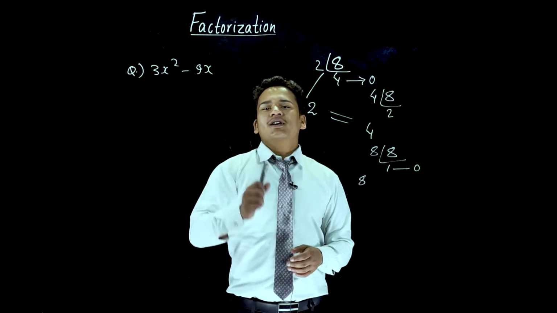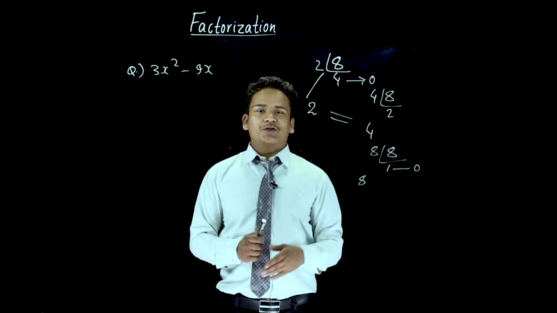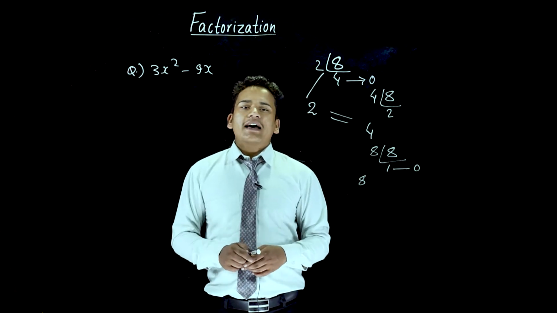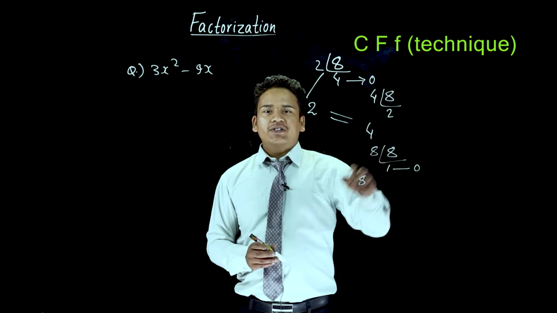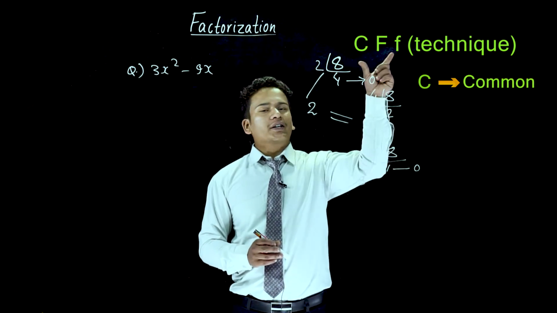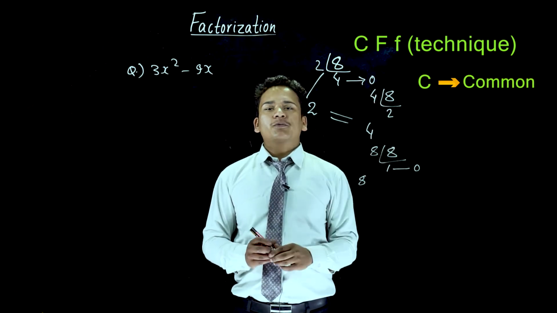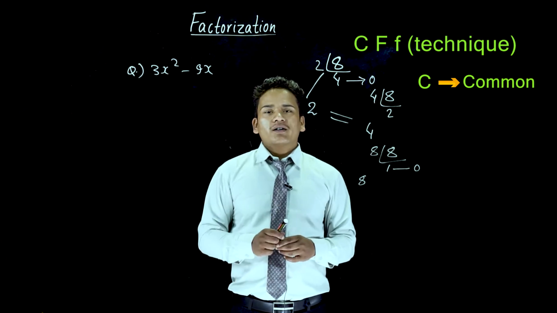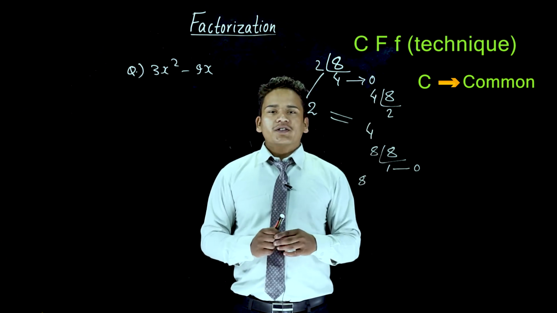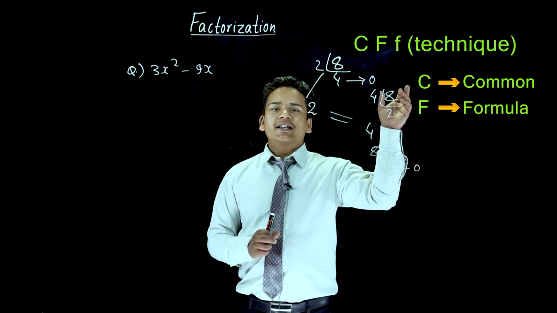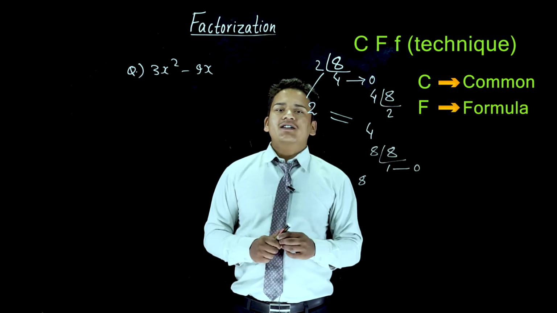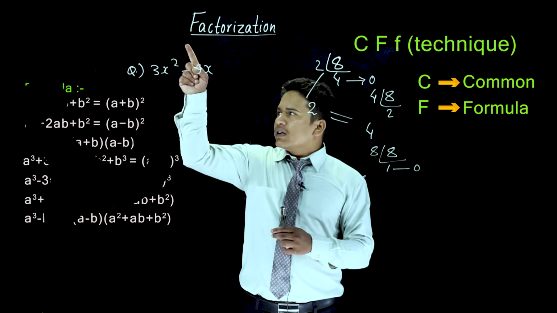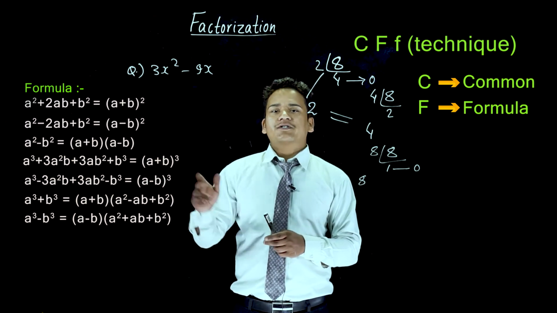We have got two terms, so I'm going to present a very special technique for factorizing, and I call it the CFF technique. The first C means take the common factor between the terms. The second, if that is not possible, is capital F, which says use the formula, and I have got the list of formulas used in factorization here.